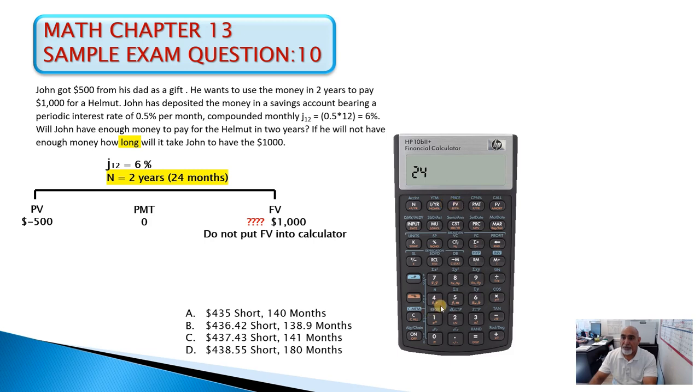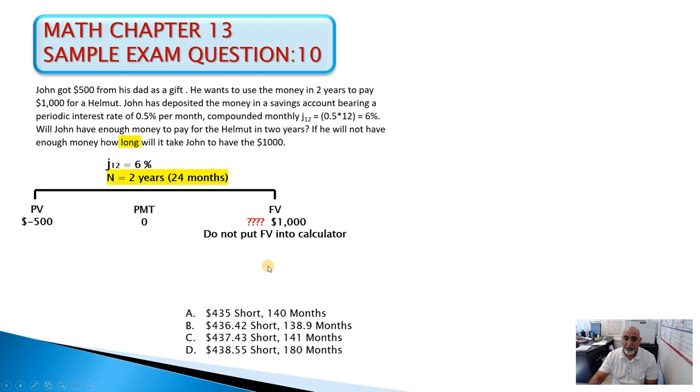PV is $500. 0 for the payment. This number here is how much money he will have. He will have $563 after 2 years. No, he will not have enough money to buy the helmet. So how much is he short by? He's short by, from 563, you subtract 1,000, he's short by 436. So this is the right answer.